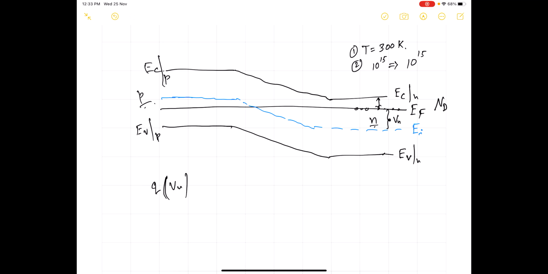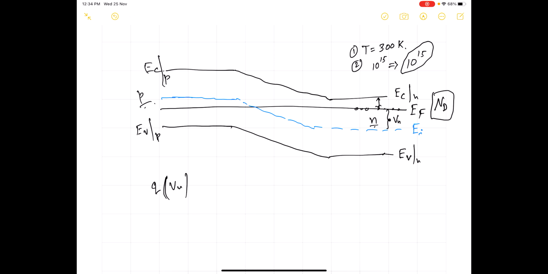In n type doping, if all the 10 to the power 15 dopant atoms have released their extra electrons, then we end up with Nd concentration of ionized ions, because it's fully ionized.